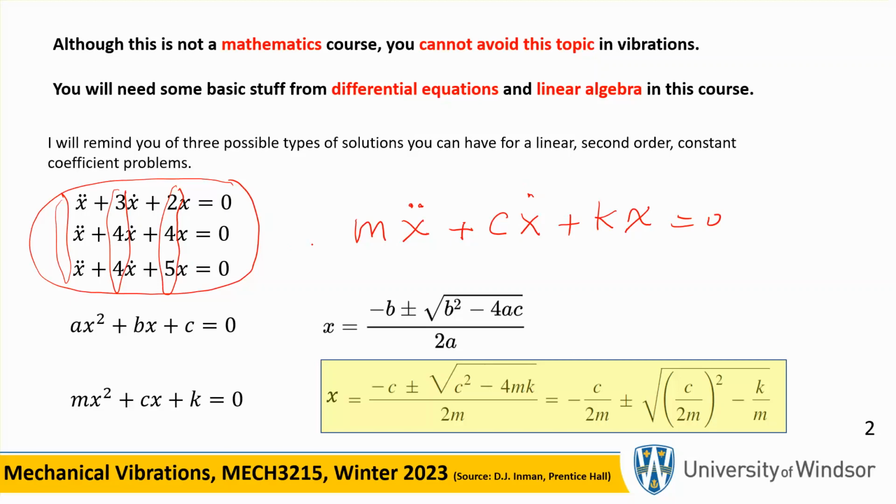And look at the similarity between these. They are identical except that the values of m, c, and k are different.